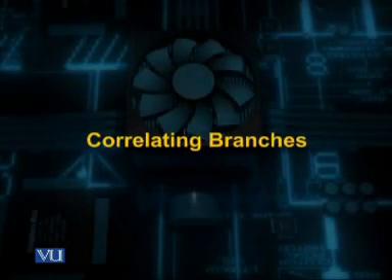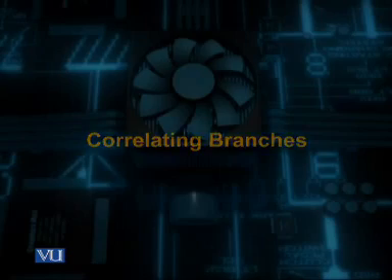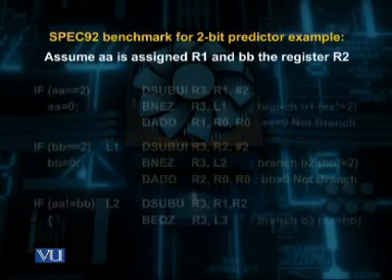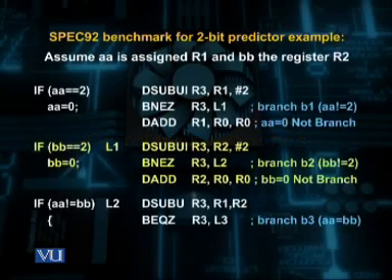Here you can see that we are assuming that the variable AA is assigned to register R1 and BB is assigned to register R2. You can see on this table that on the left-hand side we are showing the branch conditions, and on the right-hand side its assembly language implementation.